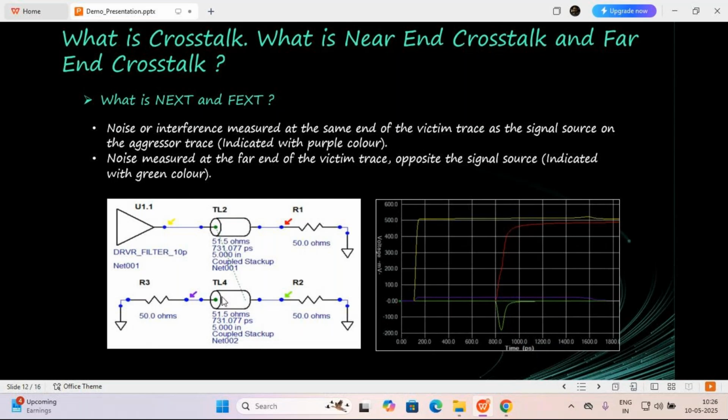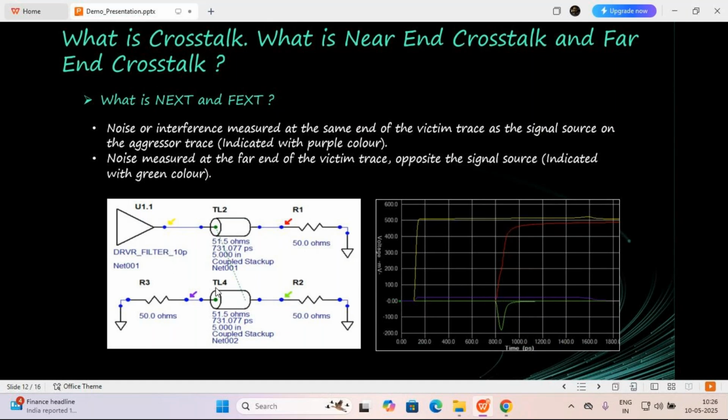Why have I kept it dead? So that whatever voltage is getting induced into this line, only that voltage value I should be able to study. If I make this transmission line live by giving it a driver and receiver, it will be difficult for me to understand the graph, because it will also have a signal, and that signal will add up with the noise, and the graph will change.